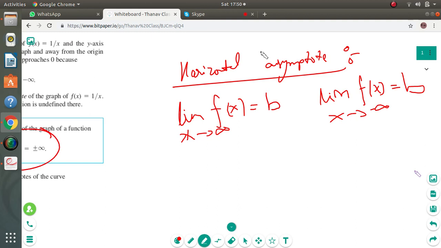Here we have now limit x tends to infinity. Yeah, perfect.